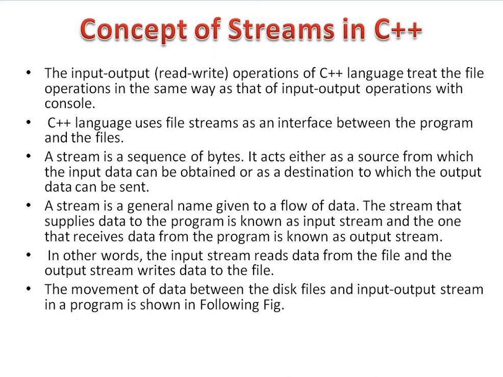A stream is a sequence of characters that are going to be transferred between a computer or a C++ program and I/O devices. And stream classes in C++ are used for input and output operations on files and I/O devices.